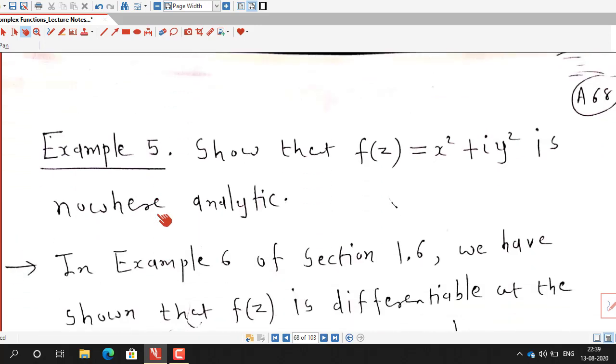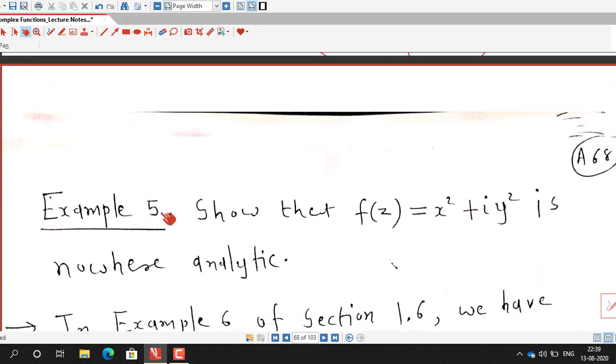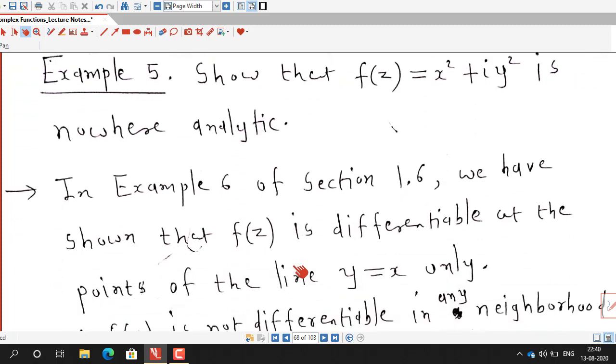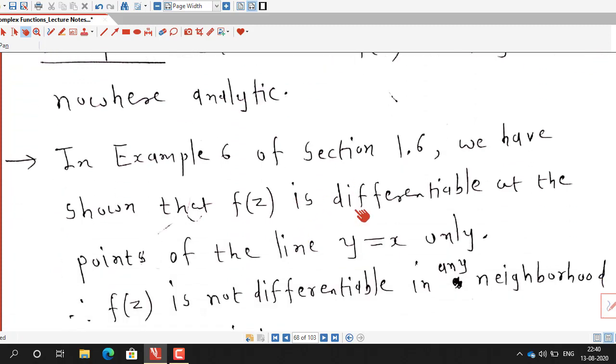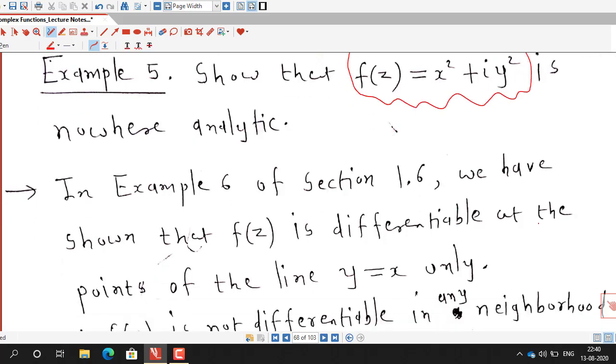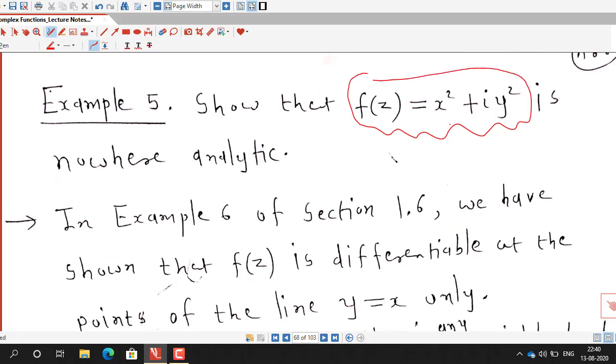Next example: show that f of z equal to x square plus i y square is nowhere analytic. If you can recall, we have shown in earlier lectures on differentiability that this function is differentiable at the points of the line y equal to x only.